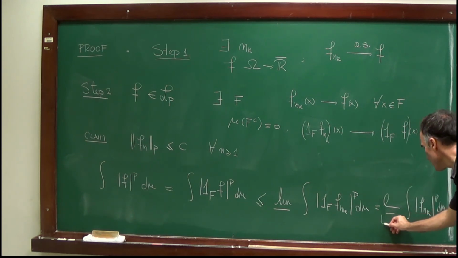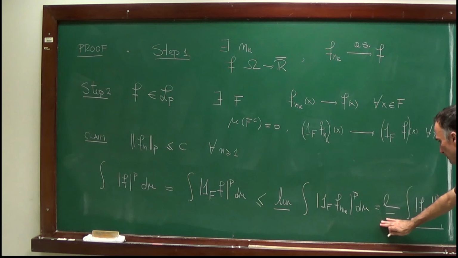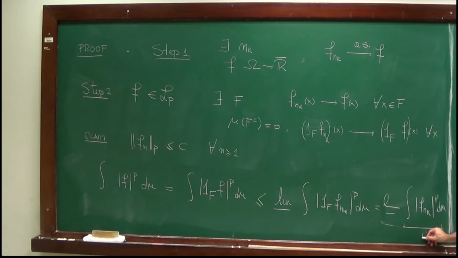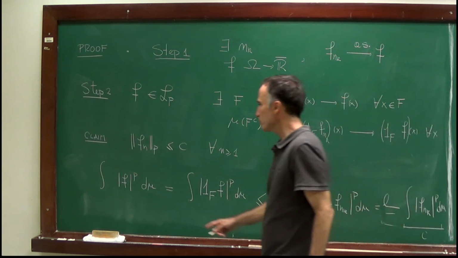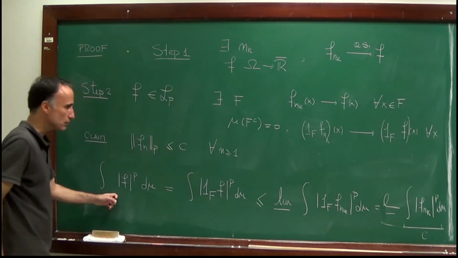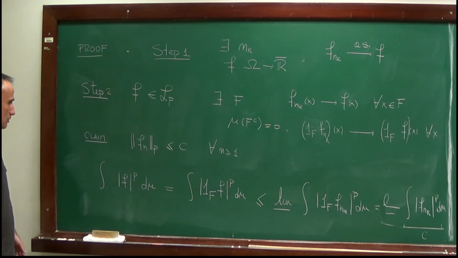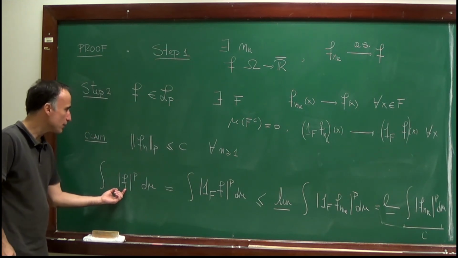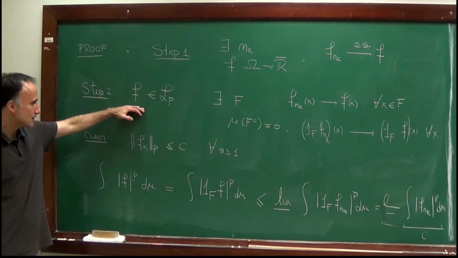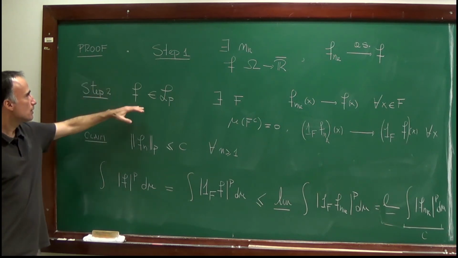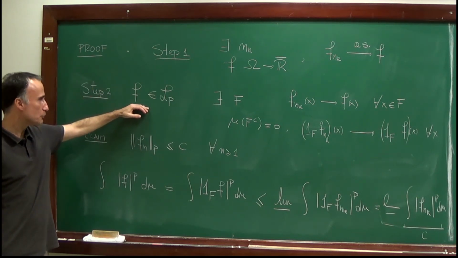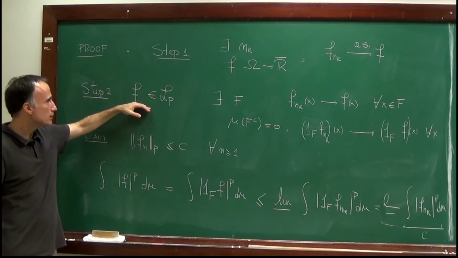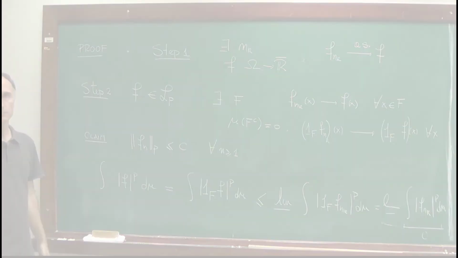And we have seen that these integrals are uniformly bounded by some constant c. So this limit is bounded by the constant c, which tells us that this integral is bounded by that same constant c, which makes f a function in Lp as we claimed. So this concludes the proof of step 2. f is indeed a function in Lp.